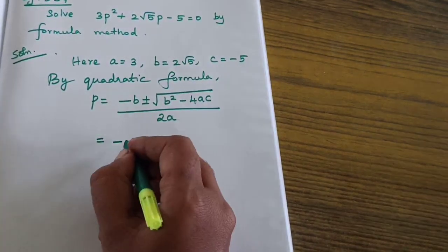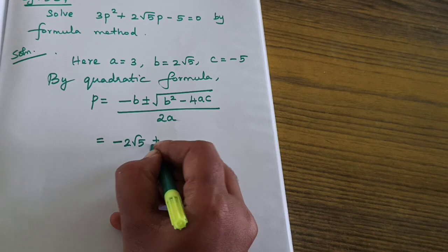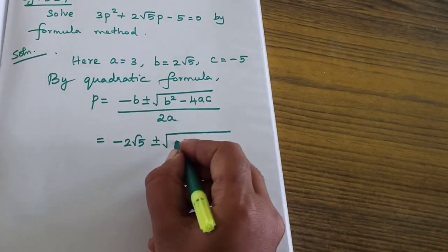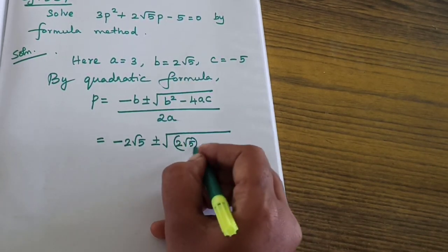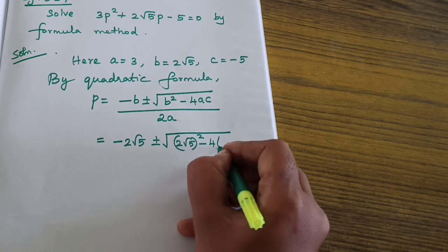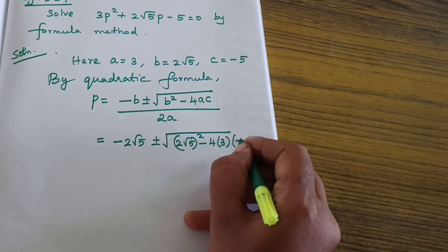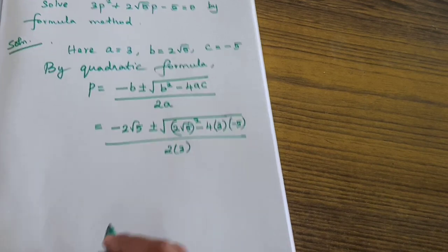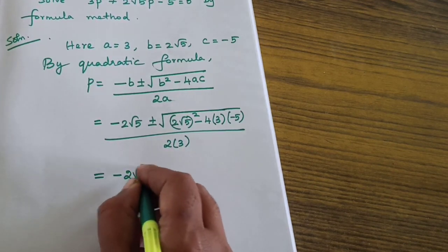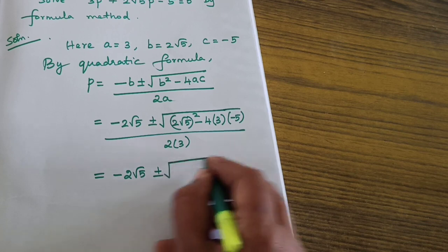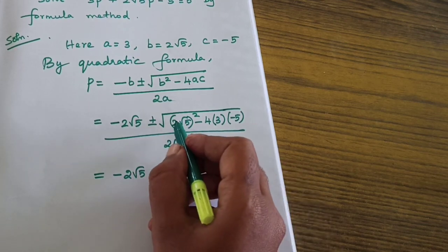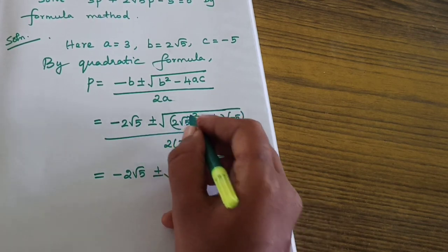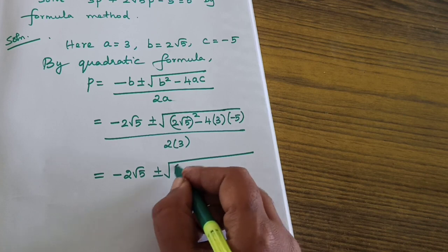Okay, which is equal to minus b, so minus 2 root 5 plus or minus square root of b squared, 2 root 5 the whole squared, minus 4 a, 3 c, minus 5, by 2 into 3, which is equal to minus 2 root 5 plus or minus square root of, here be careful, 2 squared is 4, root 5 the whole squared is 5.